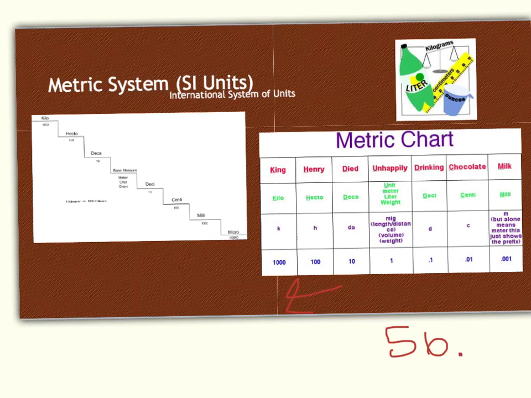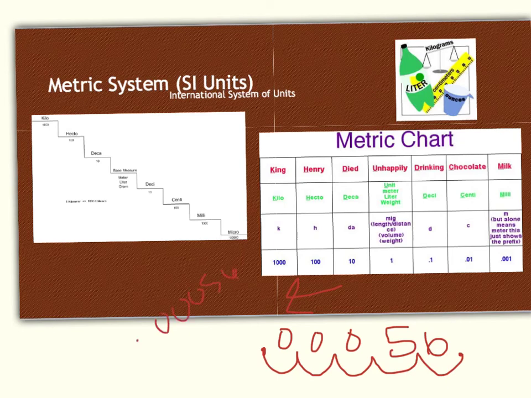Here's your decimal point. You're going to move it 5 places to the left. 1, 2, 3, 4, 5. So 56 centimeters equals 0.00056 kilometers.